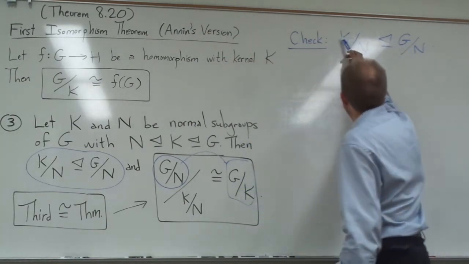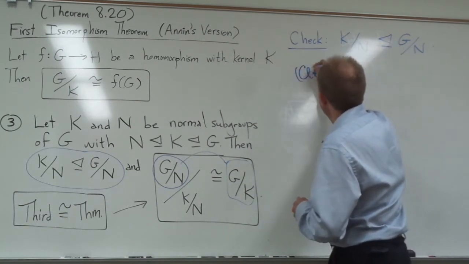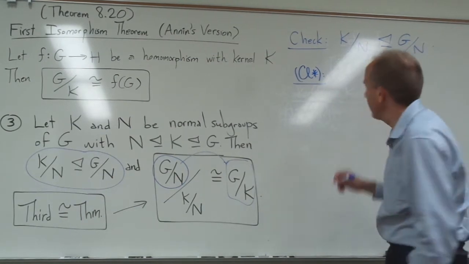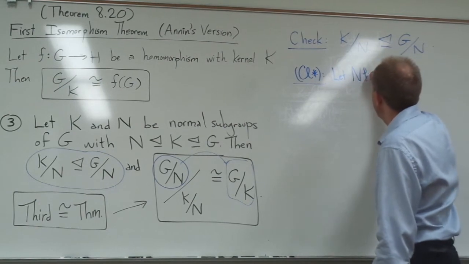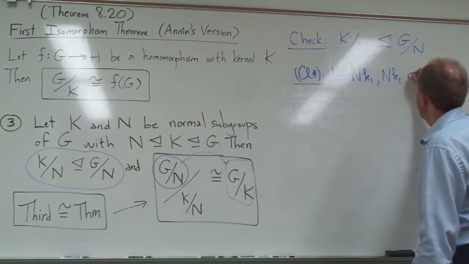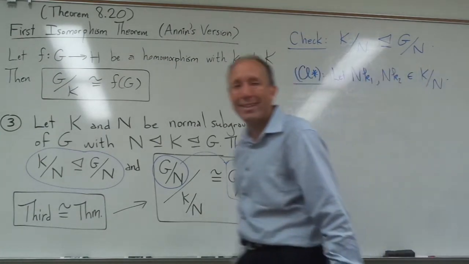So K mod N, the closure under the operation. I'm going to give just a little sketch of this. You would take a couple of elements out of K mod N, so they might look like NK1 and NK2.